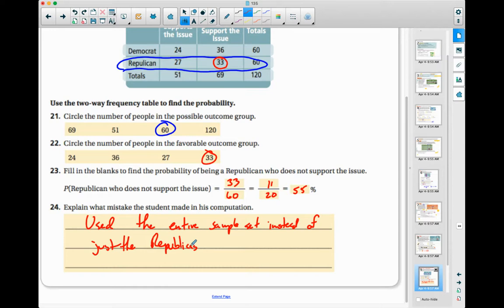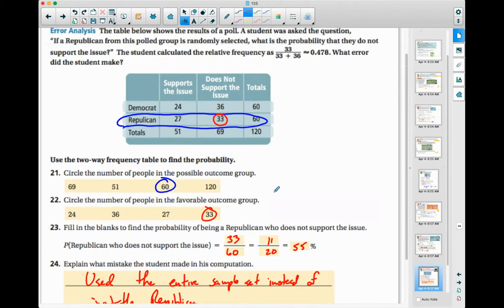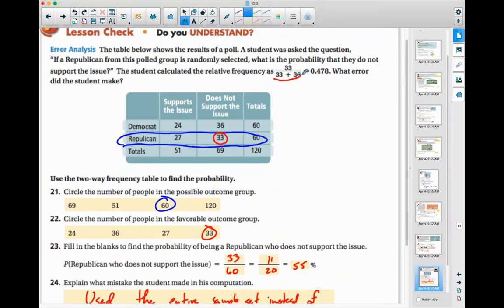If you see what they did up here, that 33 plus 36 is where they went wrong. That's where they got that 69 instead of the 60.